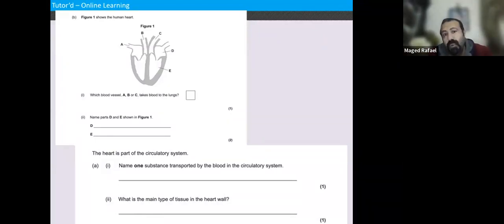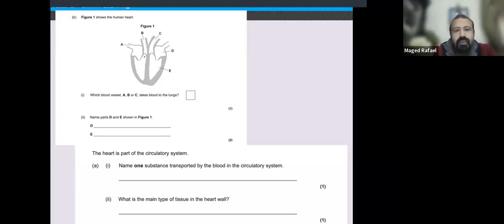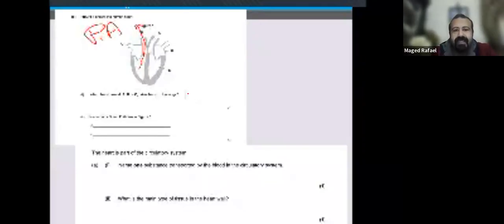Please focus. To the lungs. So as we said, it will go to the lungs through this pulmonary artery, and we will write the answer here, B.